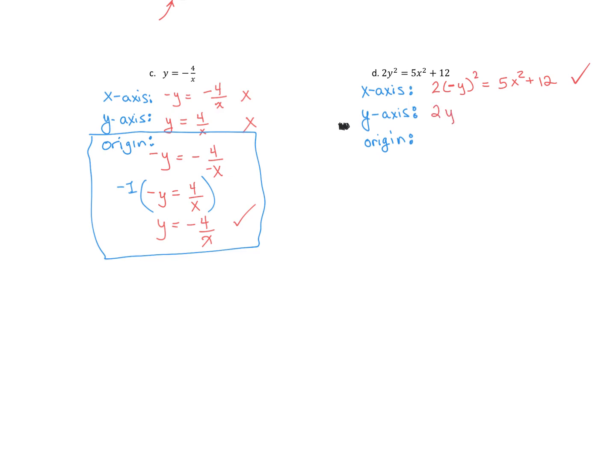If I replace x with a negative x, the same thing happens, because when I square that negative, I just get positive x squared. And of course, if I replace them both, the same thing happens again, and I have origin symmetry. So I have all three kinds of symmetry here.